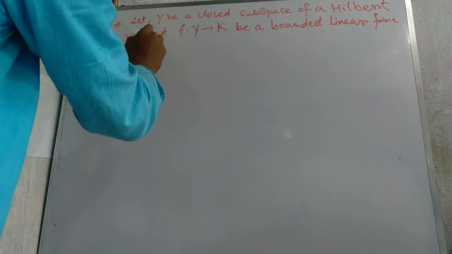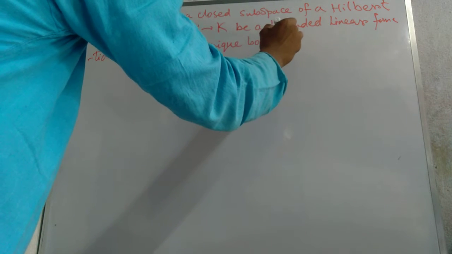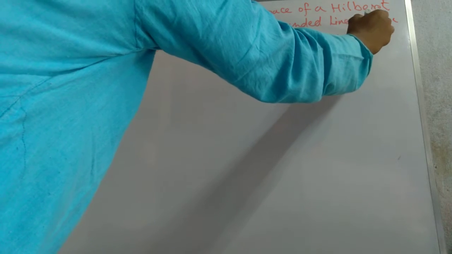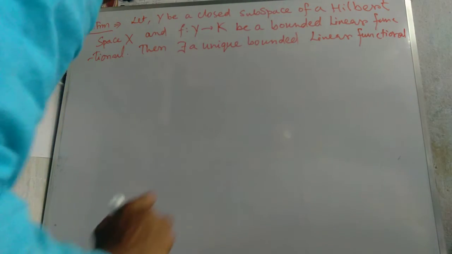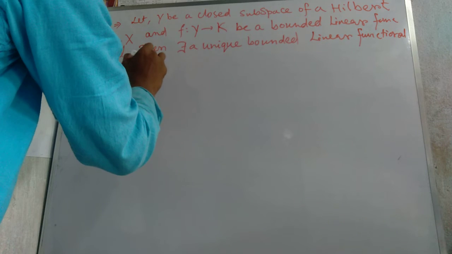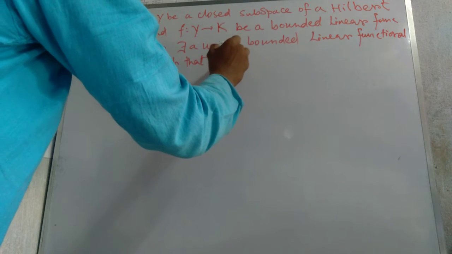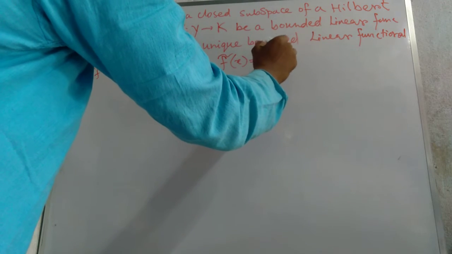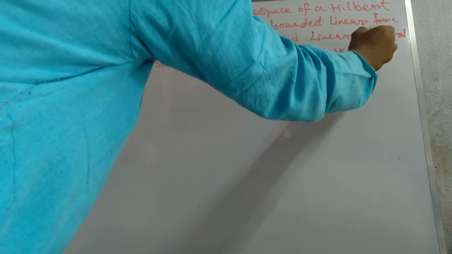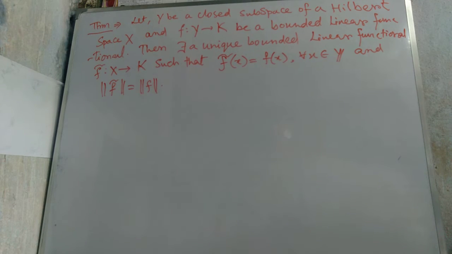Then there exists a unique bounded linear functional f delta: X to K such that f delta(x) equal to f(x) for all x belongs to Y, and norm of f delta equal to norm of f.